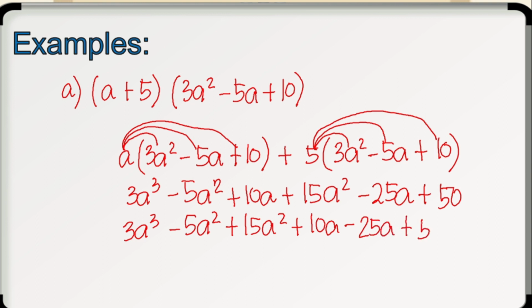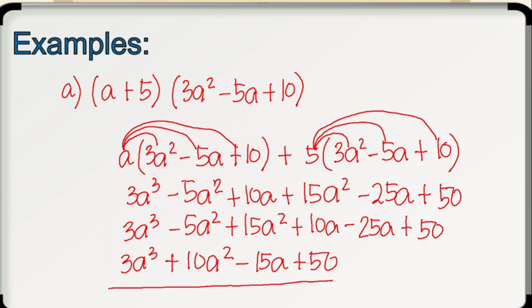So we have, copy 3a cubed since it doesn't have like terms. Then negative 5a squared plus 15a squared is positive 10a squared. 10a minus 25a is negative 15a plus 50. Therefore, our answer is 3a cubed plus 10a squared minus 15a plus 50.